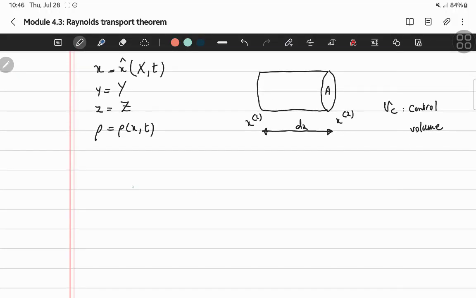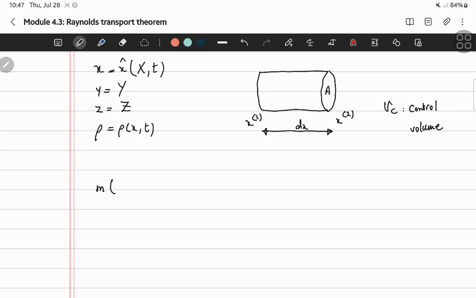You know that the mass is equal to rho times the volume. So if I want to write mass for the control volume, we'll have m, and we know that m is a function of x1 and x2 as well as the time.